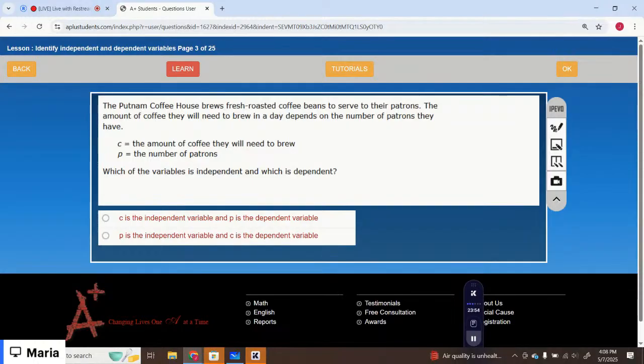The Putnam Coffee House brews fresh roasted coffee beans to serve to their patrons. The amount of coffee they will need to brew in a day depends on the number of patrons they have. C equals the amount of coffee they will need to brew, and P equals the number of patrons. Which of the variables is independent and which is dependent? So, which is the correct option?